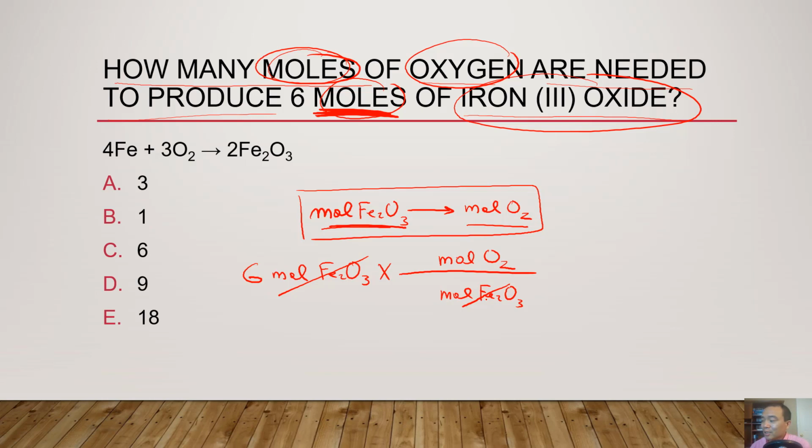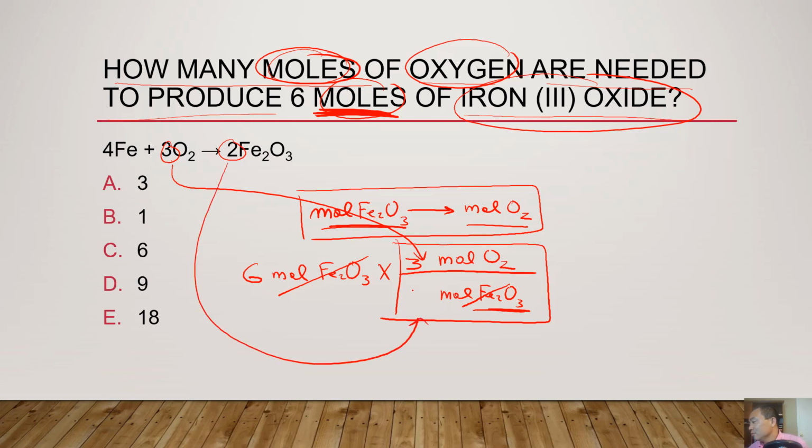What number should you put down in the mole relationship? You get these numbers from the balanced chemical reaction. So 3 oxygen over here, that's why it's 3. Now iron oxide, it's 2 of them, so it's 2. This gives you 9 moles of oxygen. D is the correct answer.